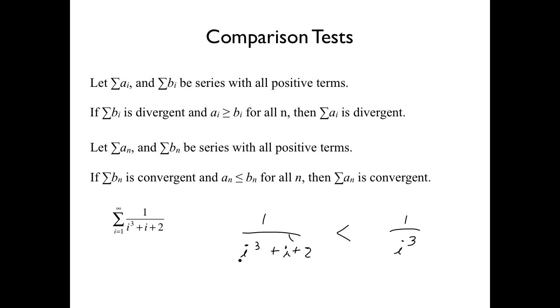So if all these terms are smaller because you're having a bigger denominator, then that must converge as well. So that's the idea of the comparison test. So if every individual term sums up to be less, then the whole sum is less. And if this is convergent, then that must be convergent as well.